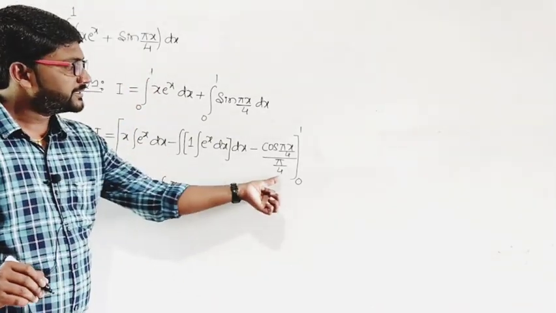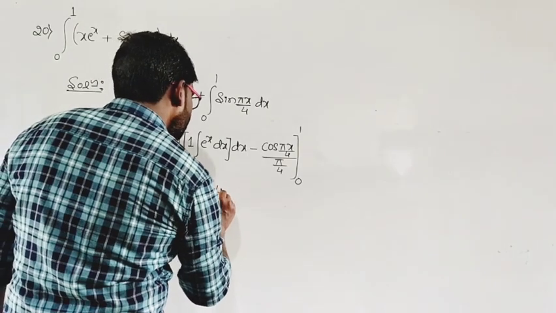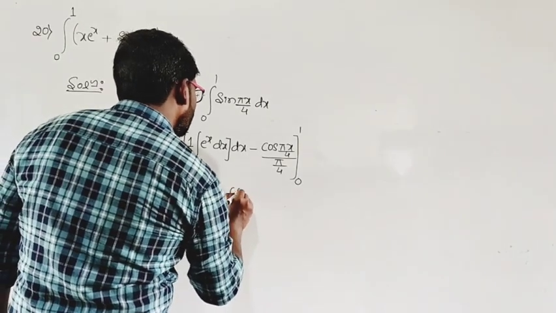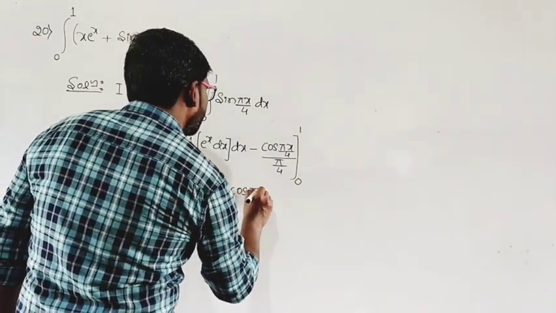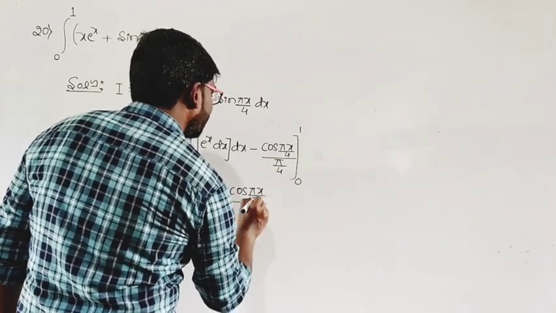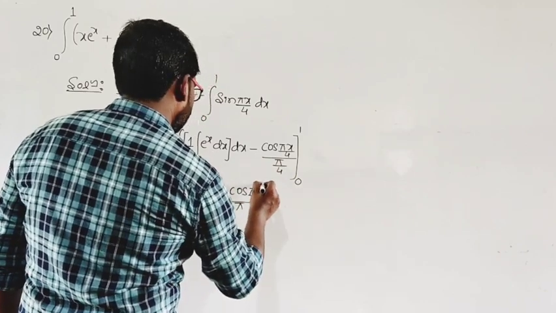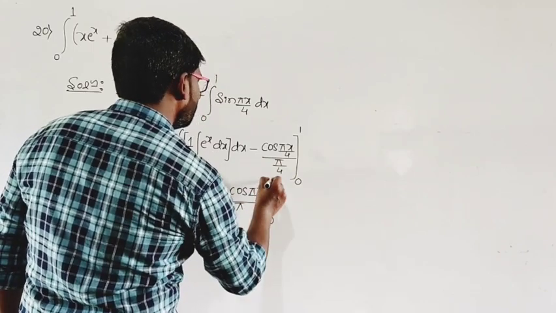Now this 4 goes to the numerator, so it becomes 4 into cos(pi x divided by 4), then the whole divided by pi, then 0 to 1.